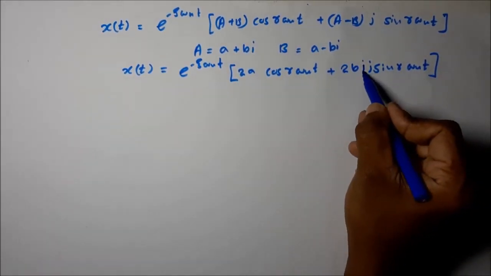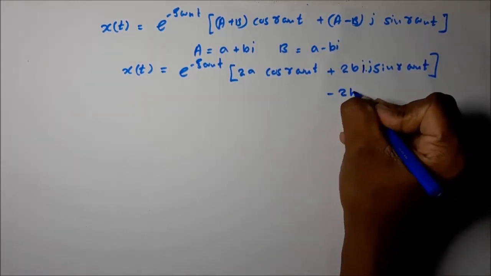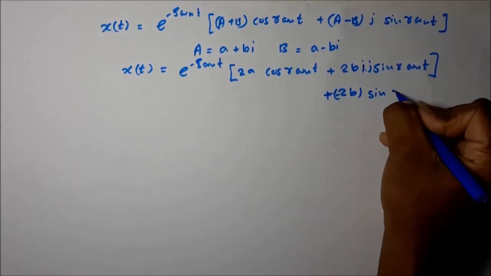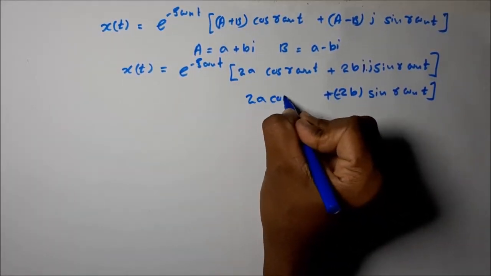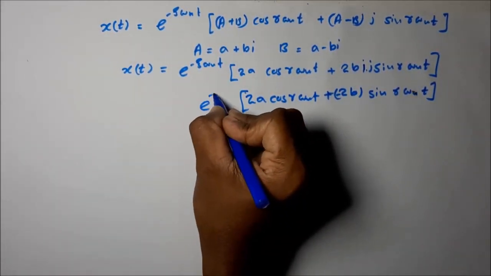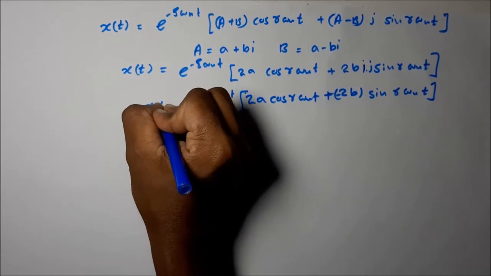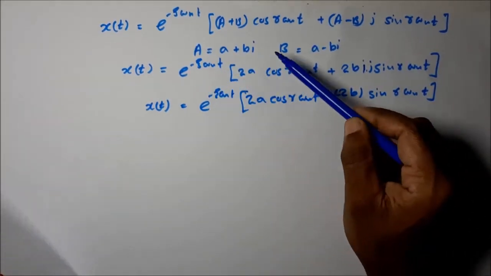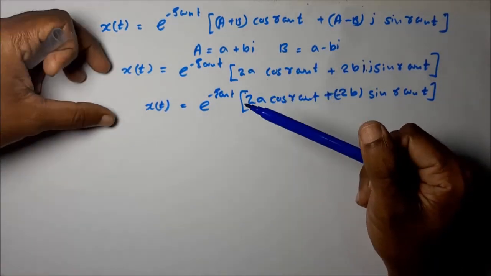The multiplication of i and j gives minus 1, so we get minus 2b sin gamma omega n t. That means 2a cos gamma omega n t minus 2b sin gamma omega n t. You can see now x(t) has a real value. If you take A and B as complex conjugate numbers, x(t) is real.